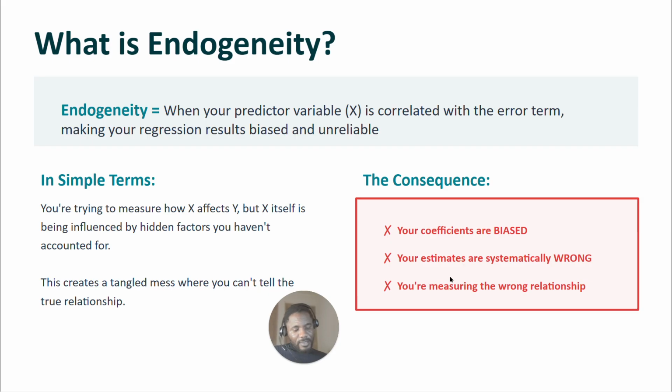Let me write it down. I said independent variable, I said coefficient, I said regression. So now your coefficient will be very biased, your estimates will be systematically wrong, and you will be measuring the wrong relationships.